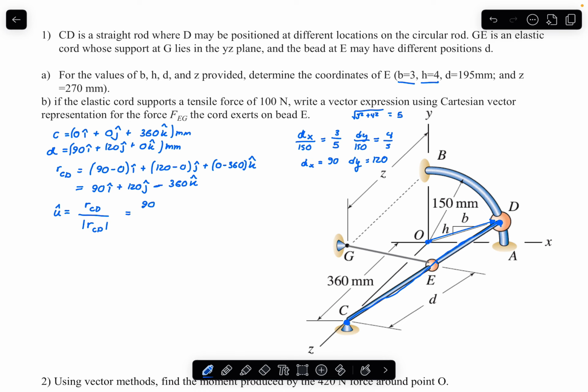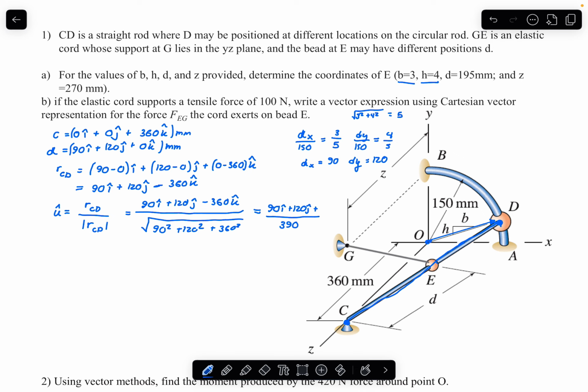We have 90 I hat plus 120 j hat minus 360 k hat. Divide it all by the square root of 90 squared plus 120 squared plus 360 squared. Now, when you put it into your calculator, you're going to get 390 on your denominator. On your numerator, you're going to still have your same values.